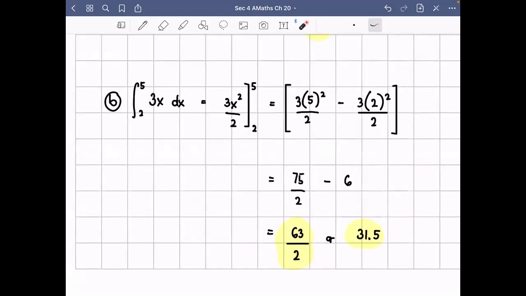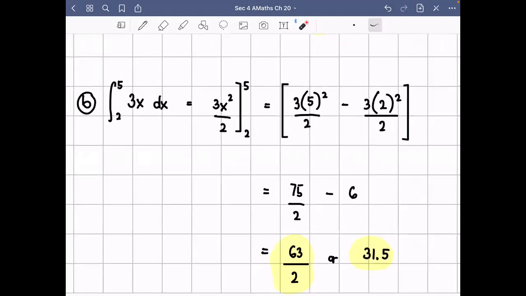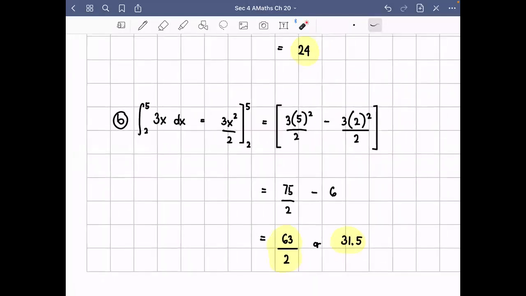Do you have any question from letter B? No? Okay. So again, get the integral, and then for your answer, plug in 5 here minus the lower limit, which is 2. And that's it. You get your answer.